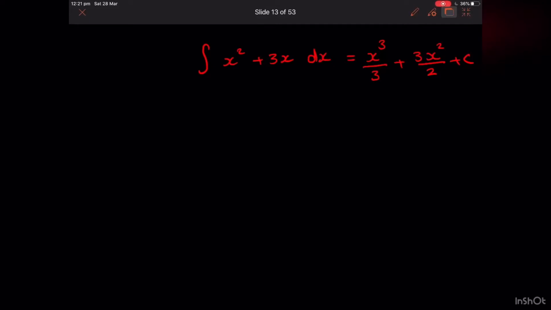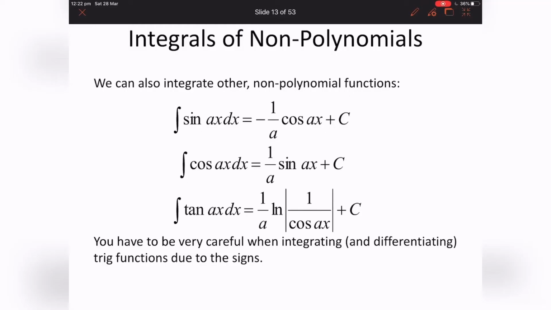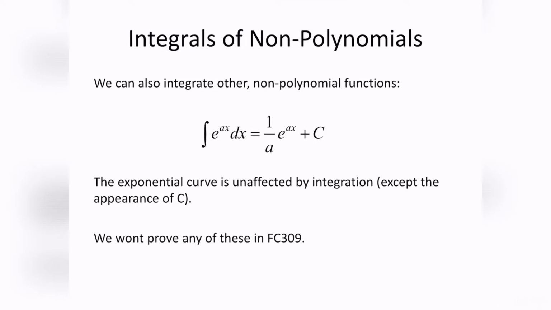So this is a polynomial function, which means different terms that we add together. In this slide, we have the integral of e to the power x dx, and e to the power ax is an exponential function.